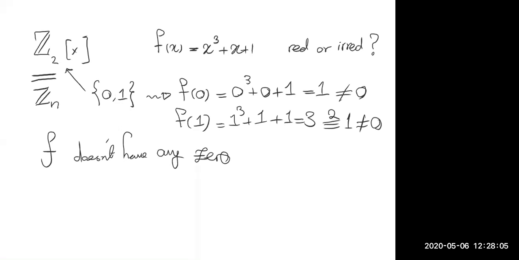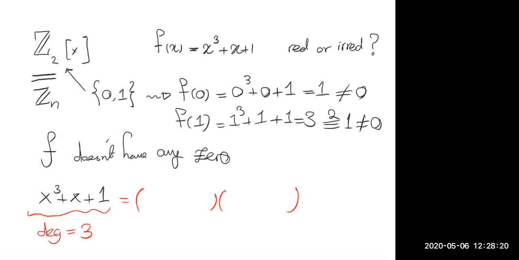So if f doesn't have any 0, f can't be reducible here. Why? Because f is something with degree 3. If I decompose it as multiplication of two things, the degree of one of them has to be 2, and the degree of the other one has to be 1, right? And anything with degree 1 has a root.